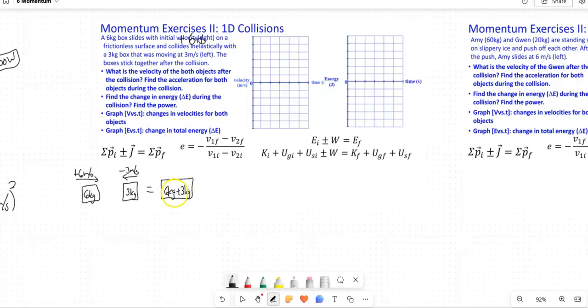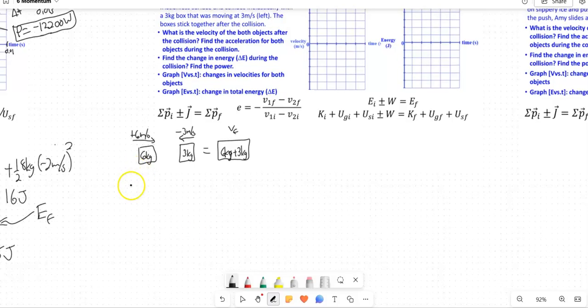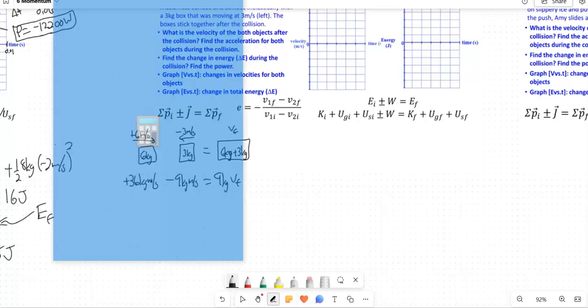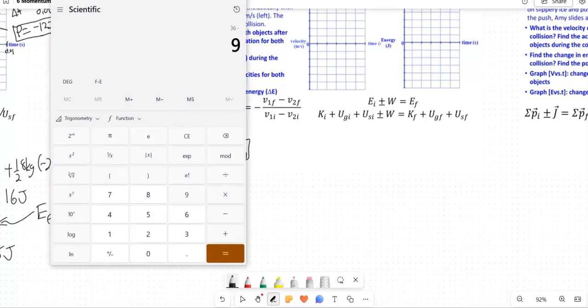So after they hit, they're going to combine to become a 9 kilogram object moving at some final velocity. So this is going to be 36 kilogram meters per second. That's positive. This is going to be a negative 9 kilogram meters per second. And this is going to be a total of 9 kilograms times V final. 36 minus 9, 27.